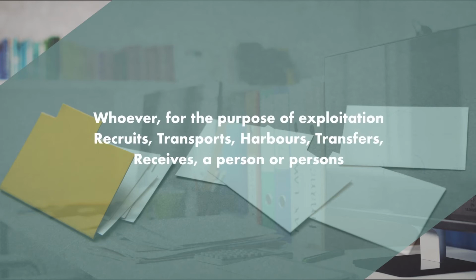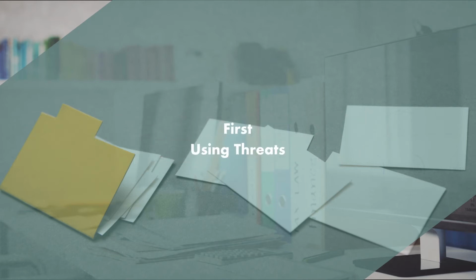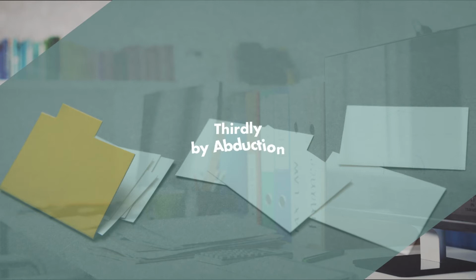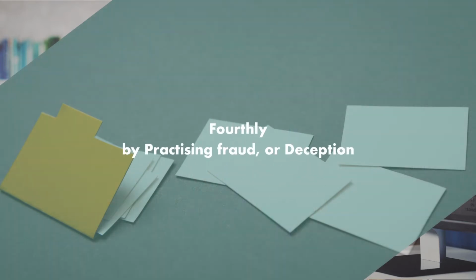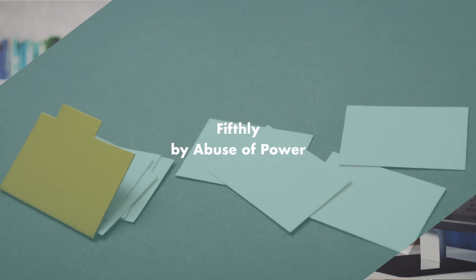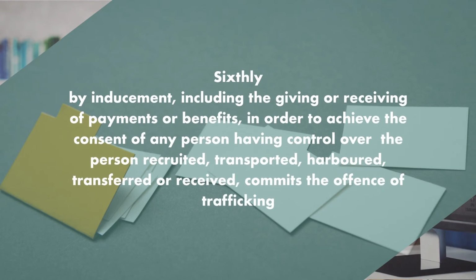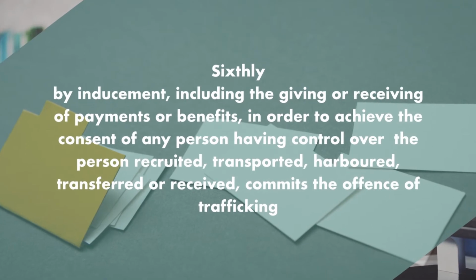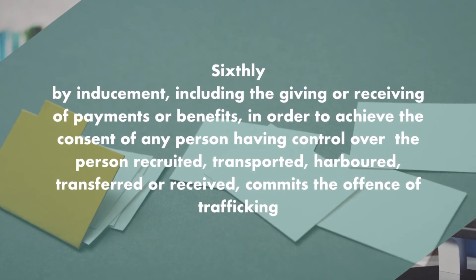Whoever, for the purpose of exploitation, recruits, transports, harbors, transfers, or receives a person or persons by using threat or using force or any other form of coercion, or by abduction, or by practicing fraud or deception, or by abuse of power, or by inducement, including the giving or receiving of payments or benefits in order to achieve the consent of any person having control over the person recruited, transported, harbored, transferred, or received, commits the offense of trafficking.